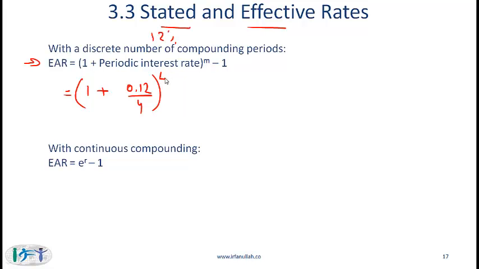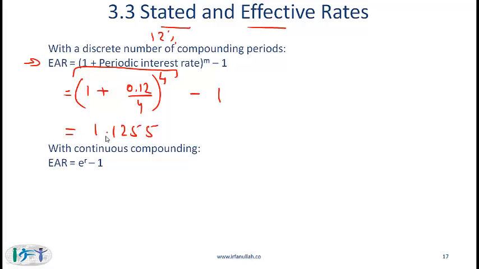If we have quarterly compounding, that would be 4, and then minus 1. A lot of people get confused about this minus 1, and the idea is actually fairly straightforward. If you look at this part of the expression, essentially we have 1.03 to the power of 4, which is telling us how much $1 will become at the end of 4 periods, each period being a quarter.